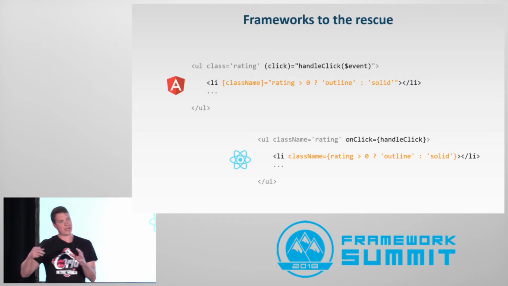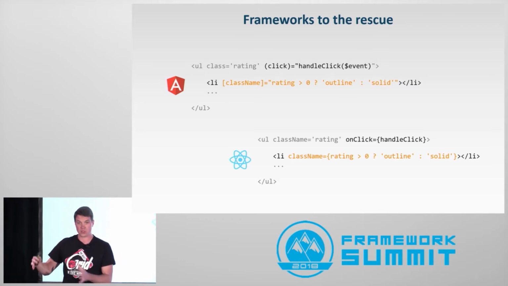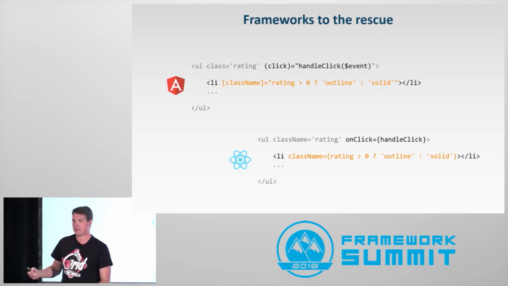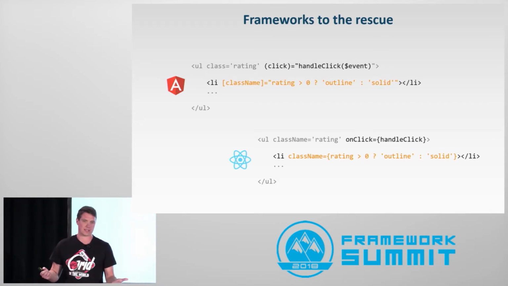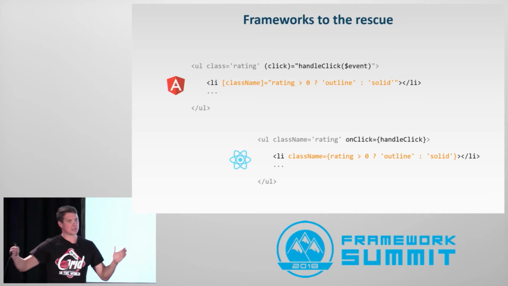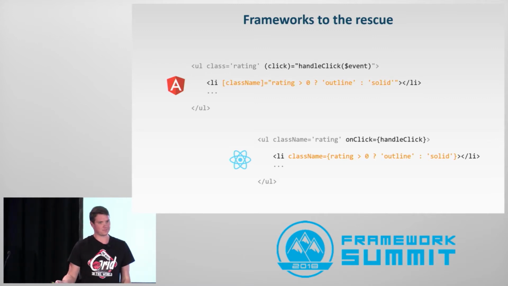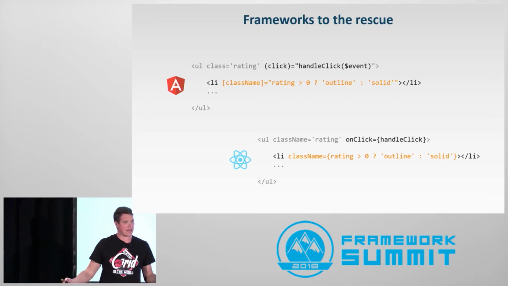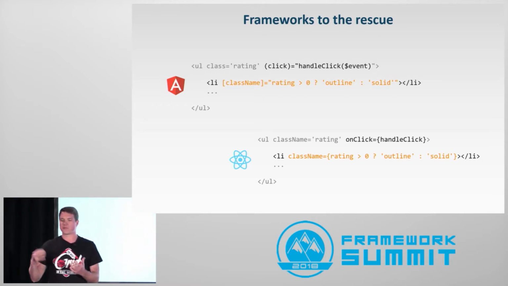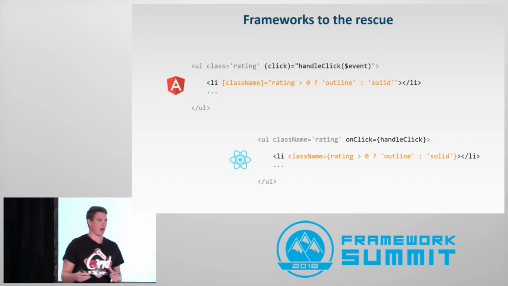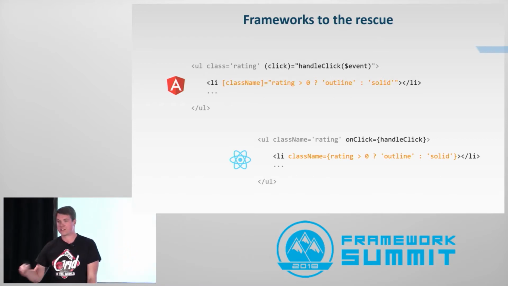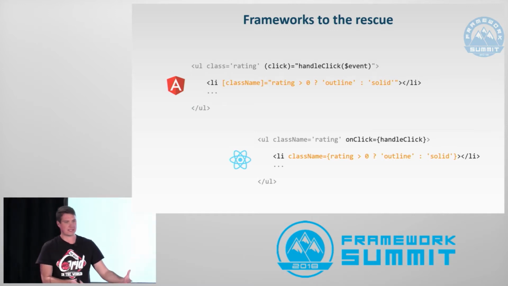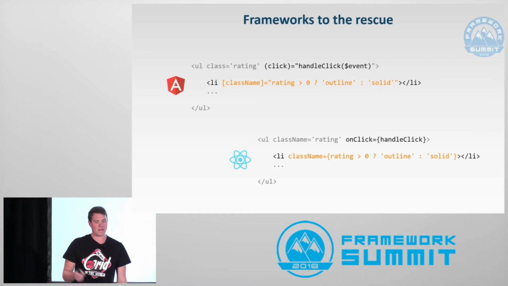The idea is that we create an association between a component's property, in our case rating, and the DOM element property, which is class name, which basically renders CSS classes. So here we're saying, okay, when the rating changes, reevaluate that expression. And as a result of this expression, we're going to have either an outline or solid string, and then take the string, whatever it is, and use it as a CSS class. Okay?